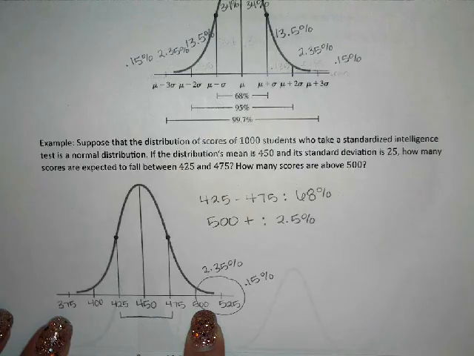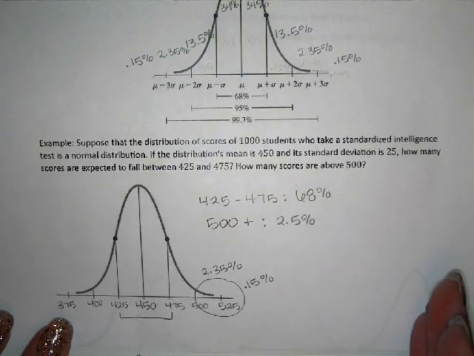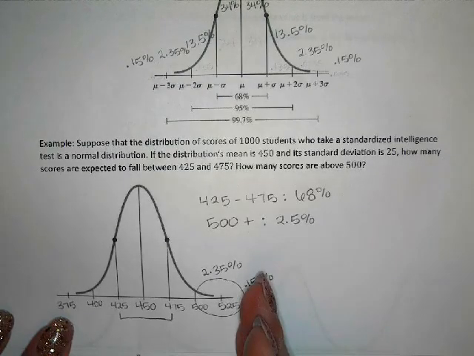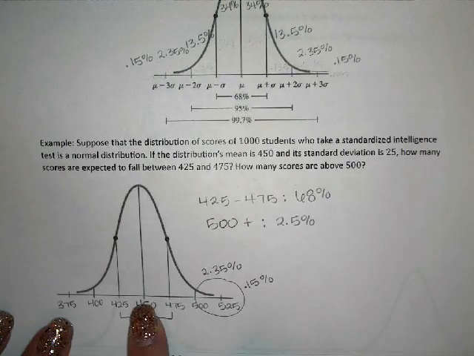So if we had two people comparing test scores and one person said they had a z-score of 2.5 and someone else said they had a z-score of 1, the person with the 2.5 is like, haha, I beat you. My z-score's higher. I did way better than average than you did.